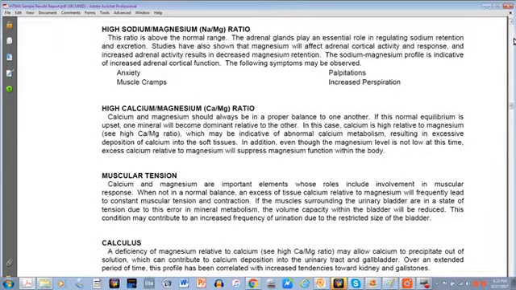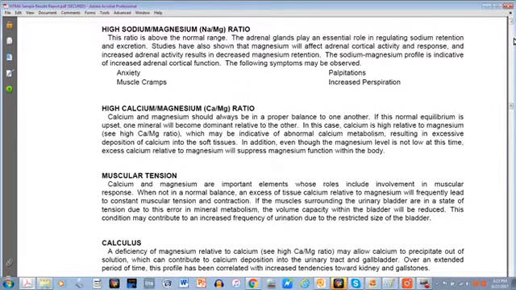In this case, calcium is high relative to magnesium, which may be indicative of abnormal calcium metabolism, resulting in excessive deposition of calcium into the soft tissues. In addition, even though the magnesium level is not low at this time, excess calcium relative to magnesium will suppress magnesium function within the body.